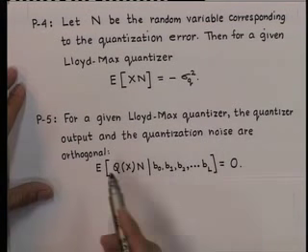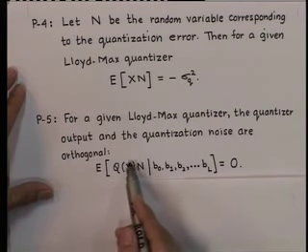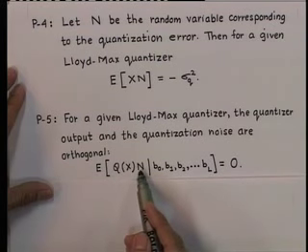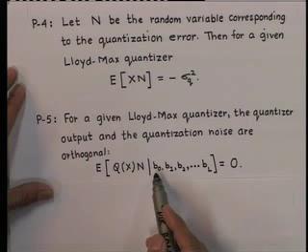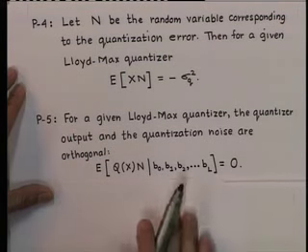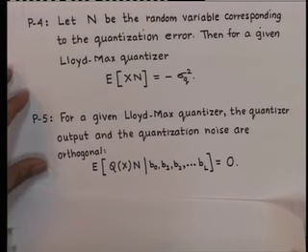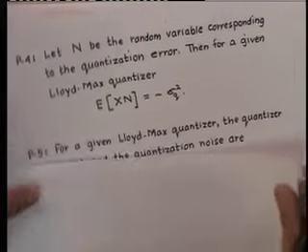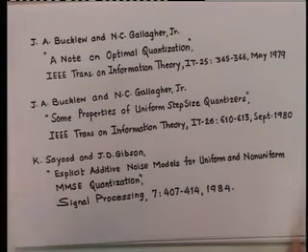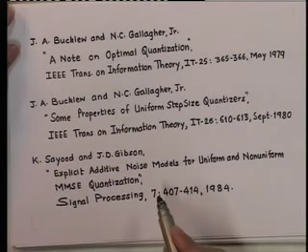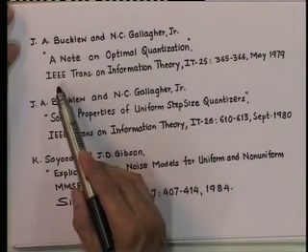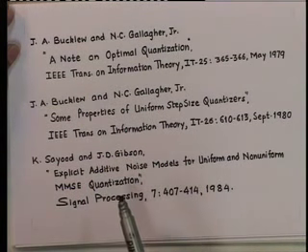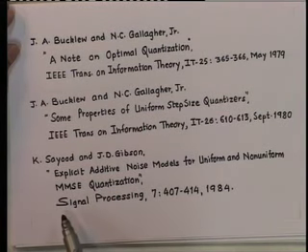What it means is that the expectation of the quantizer output and the quantizer noise, given the Lloyd max quantizer, that is the decision boundaries, is equal to 0. Now, the proofs for these properties can be found in the following references. The first two references appeared in IEEE Transactions on Information Theory, and the last reference is in the EURASIP Journal of Signal Processing.